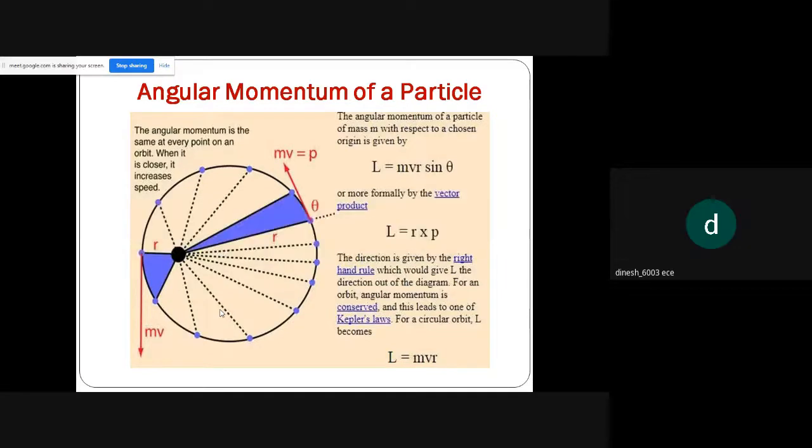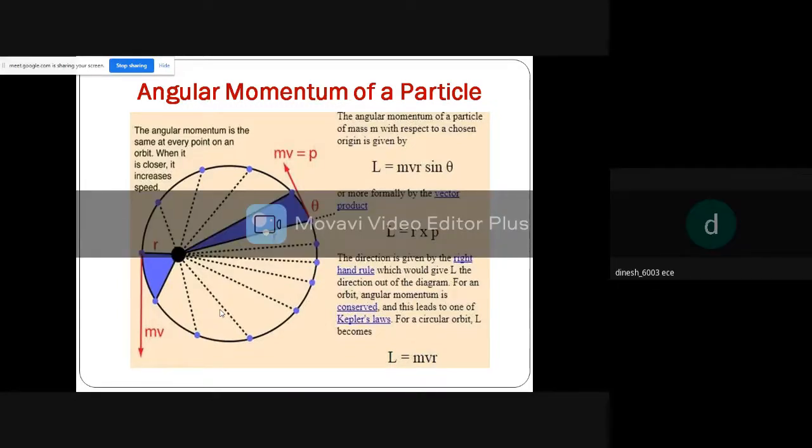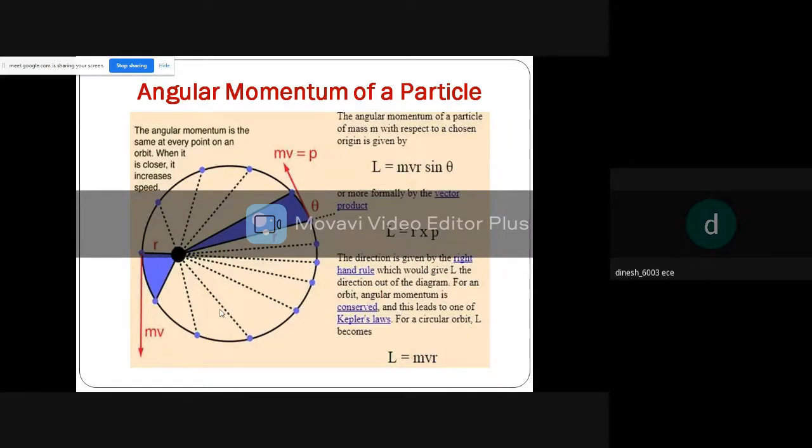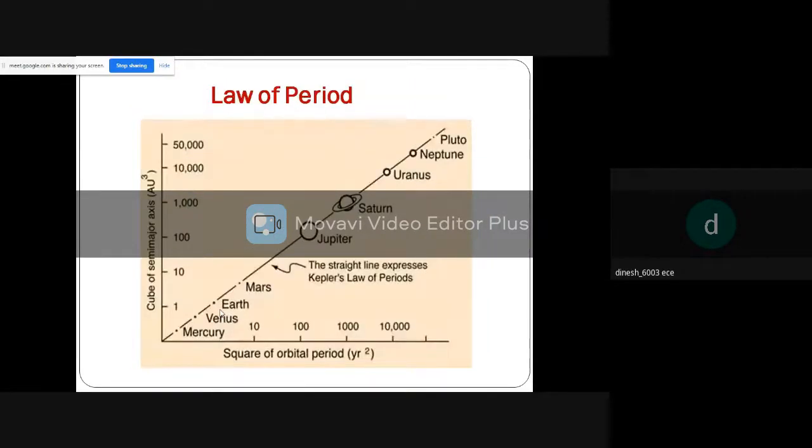By using Fleming's right hand rule, where L is the direction out of the diagram, we can find the L value as mvr, mass into velocity into the distance between the sun and the planet being measured. This gives us the law of periods.